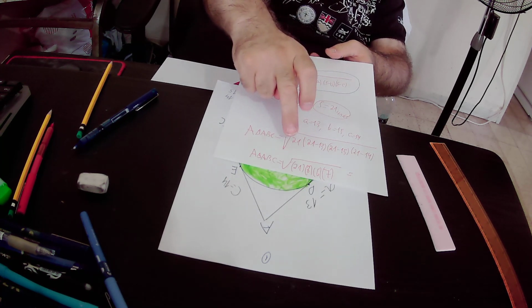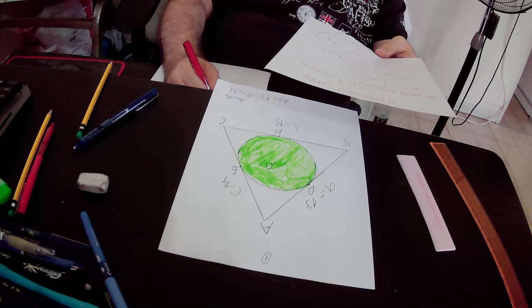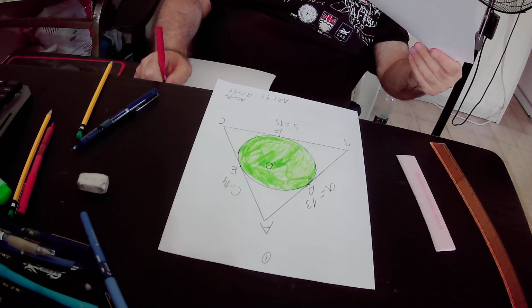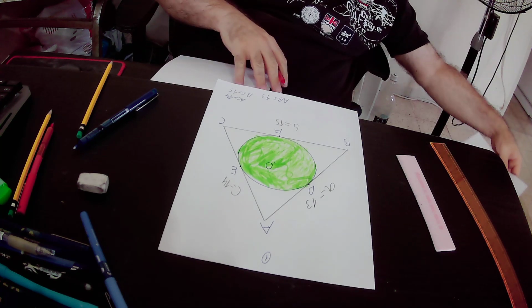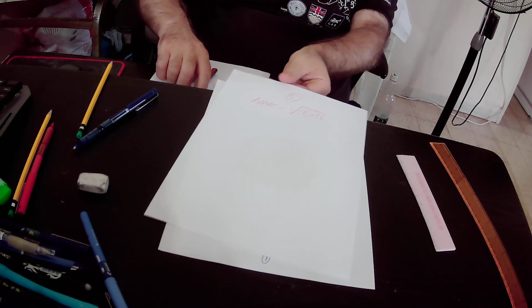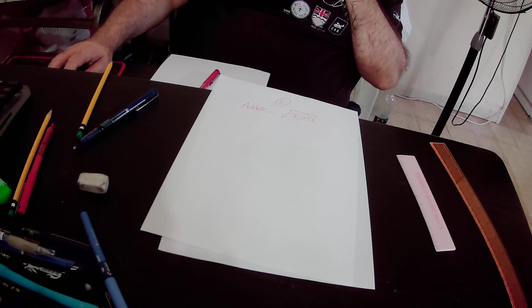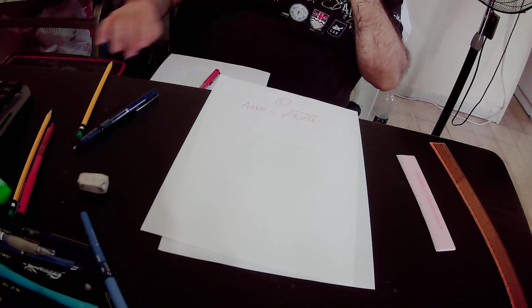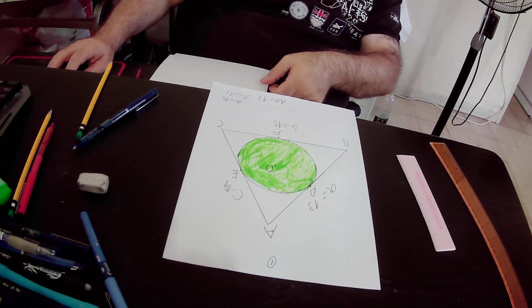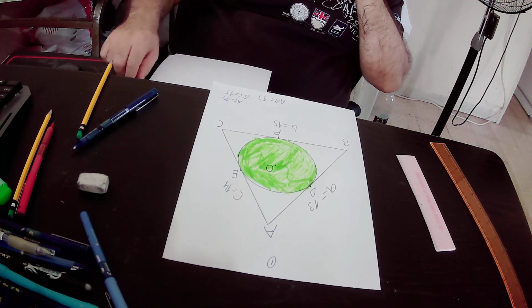Okay, so the area of triangle ABC equals the root of 7056, and the root of 7056 equals 84.